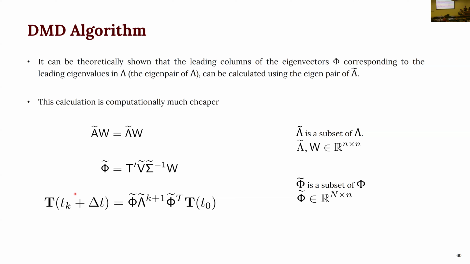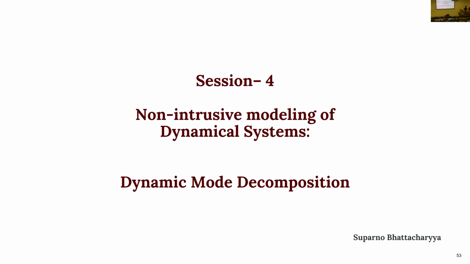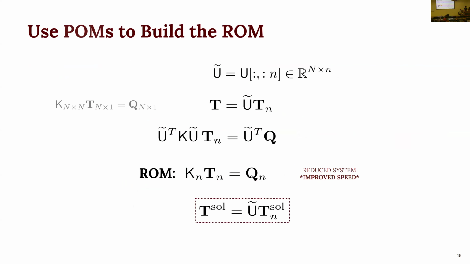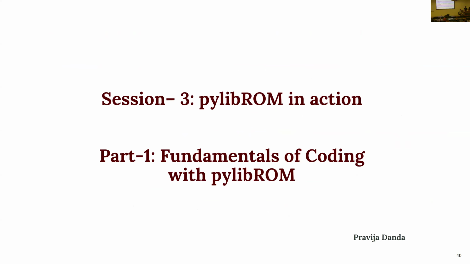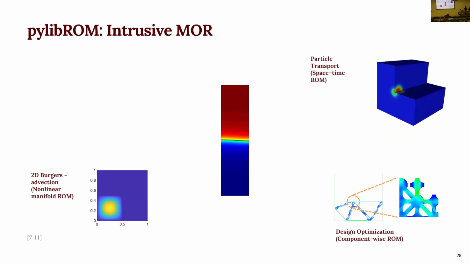If you remember, I showed some examples when I was introducing pylibROM. Let me quickly go back. Remember the laser tracing problem for additive manufacturing at the beginning? Yeah, this one.